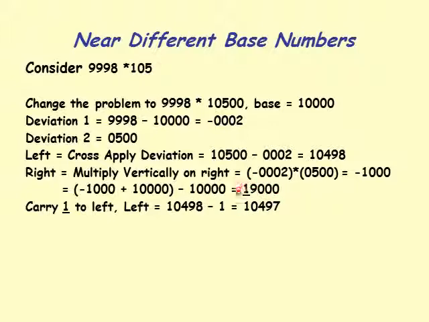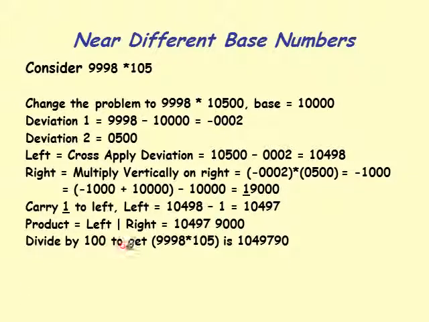So this fifth digit, the leftmost digit, which is minus 1, we carry to the left. So the left becomes 10498 minus 1, which is 10497. The answer so far is the left part on the left and the right part on the right: 10497 on the left and 9,000 on the right.